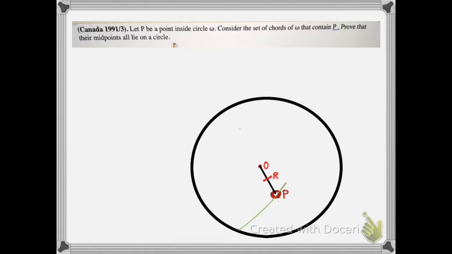Now we just have to consider one arbitrary chord which passes through P, and we have to show that the midpoint of that chord, which I'll call M for midpoint, lies on the circle which has diameter OP and is centered at R.